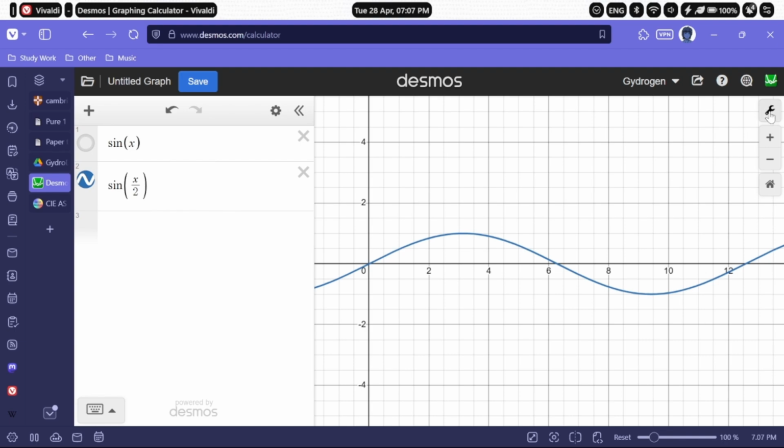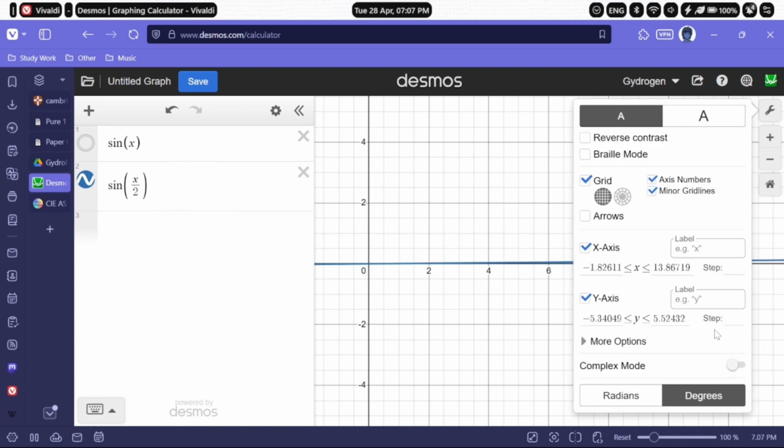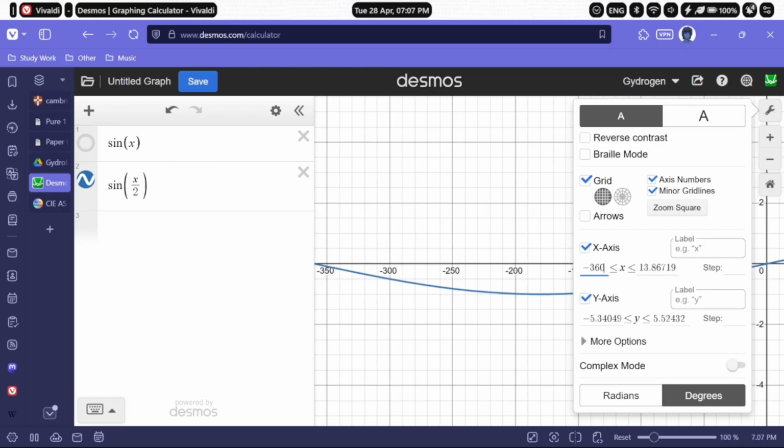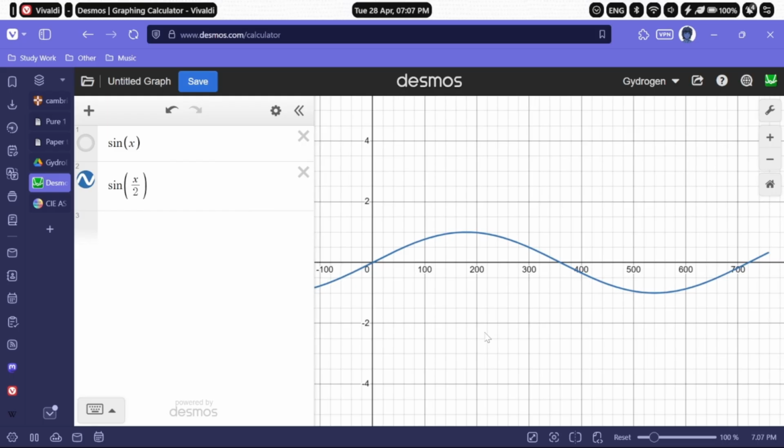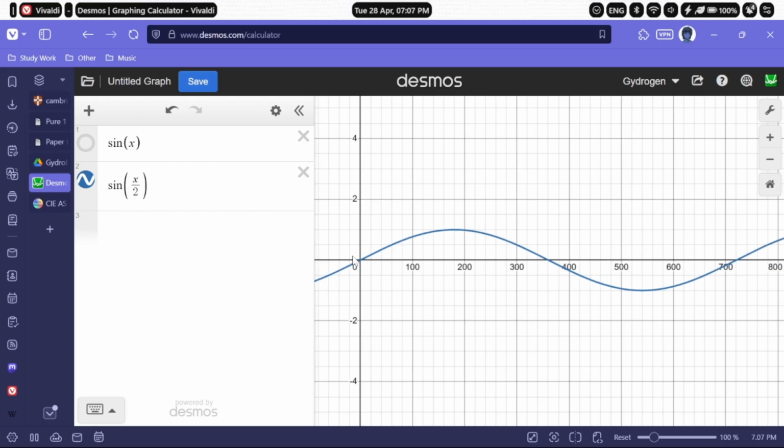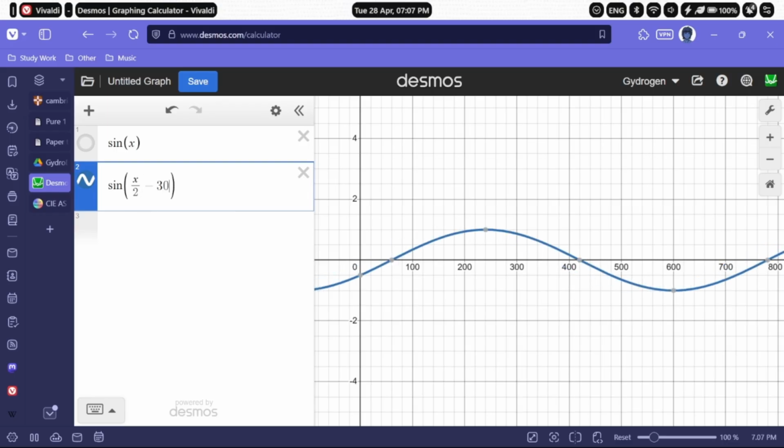So I'll change the scale to degrees, x greater than minus 360 and less than 540. Okay, good enough. This is a sin x by 2 graph. For your sin x, the maxima would be at x equals 180. Now, when you do minus 30, just observe what happens to the graph.